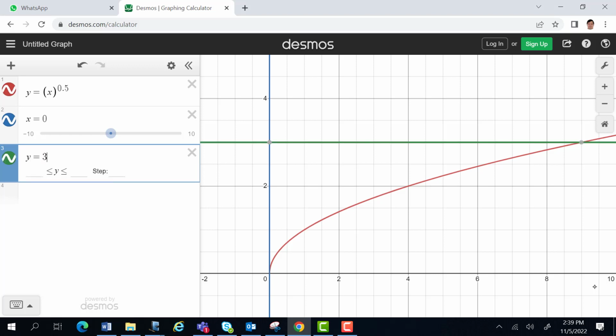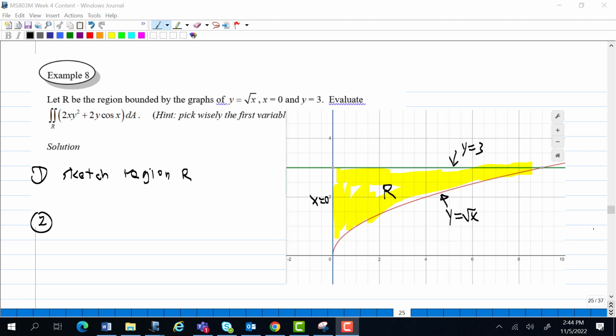So we are going to highlight the region which is bounded by one vertical line, one horizontal line, and the red curve. I have sketched the region R and highlighted the region in yellow.